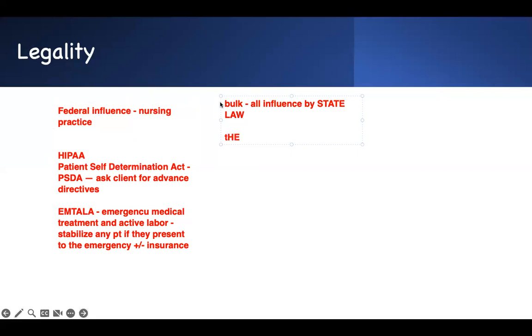The core nursing practice is usually regulated by state law. That's what it means. And then they define the parameters of your nursing practice.